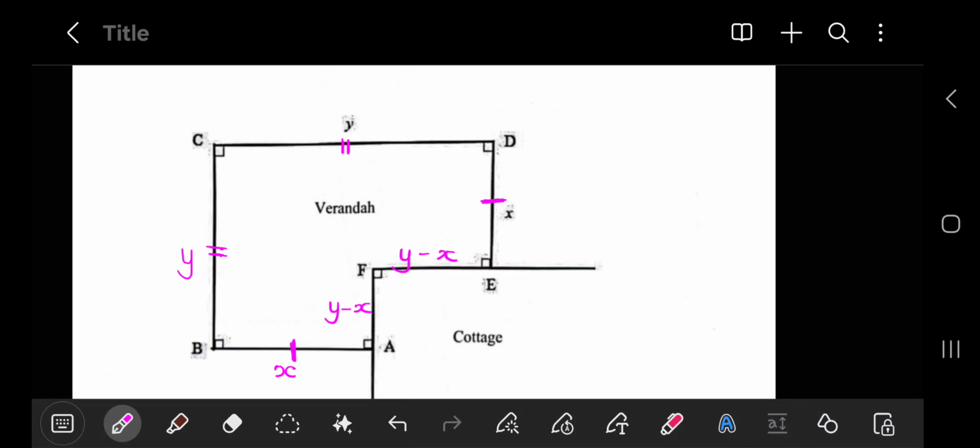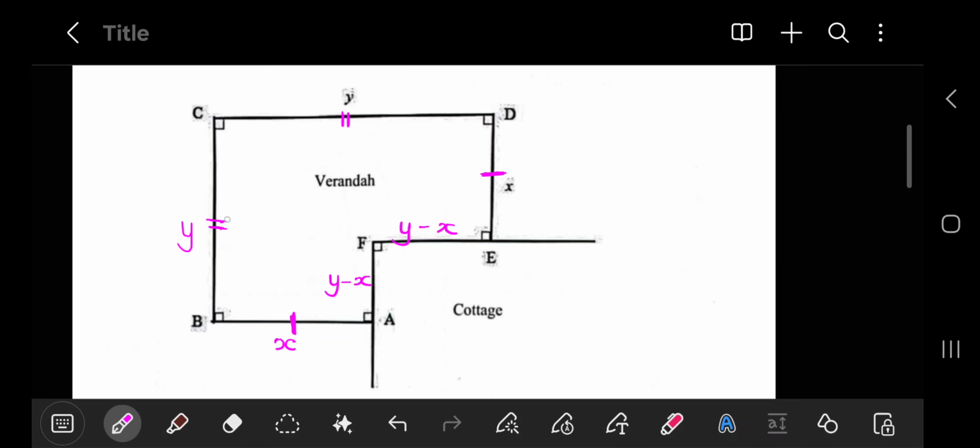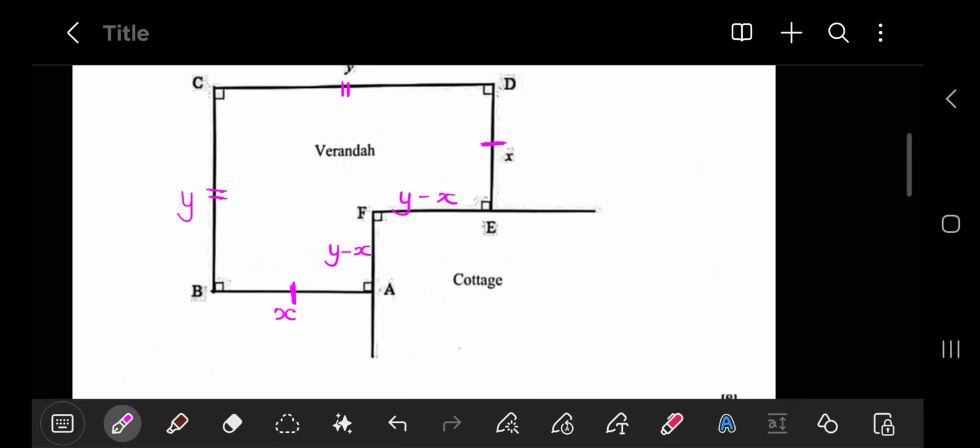Now that we have all of the lengths, this allows us to get an equation for the perimeter of this shape. Since they said that the railing must be 30 meters long, if we add all of the lengths that create the railing, we can equate it to 30. That is our starting point.